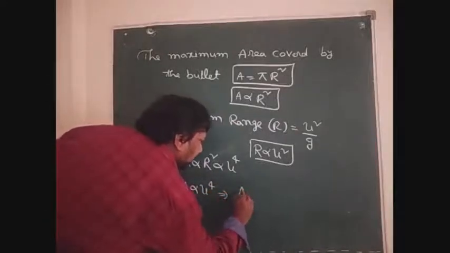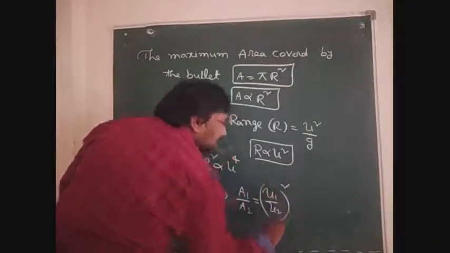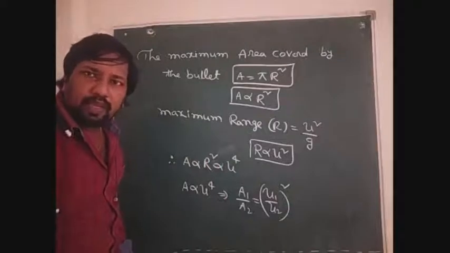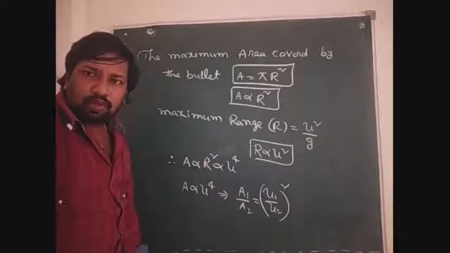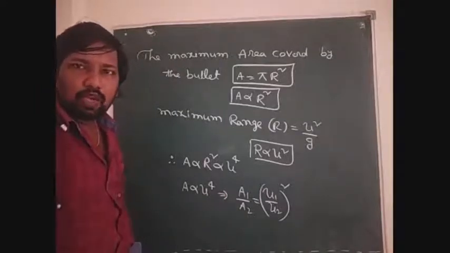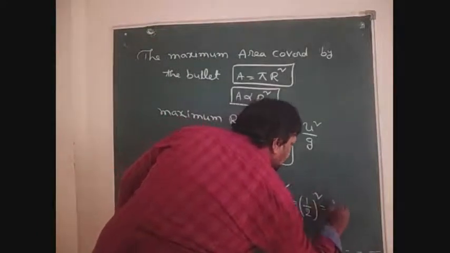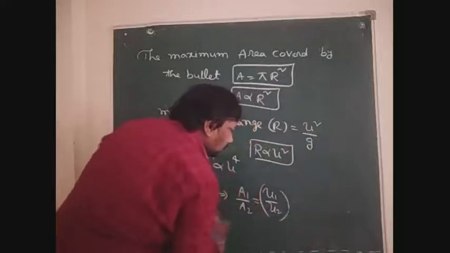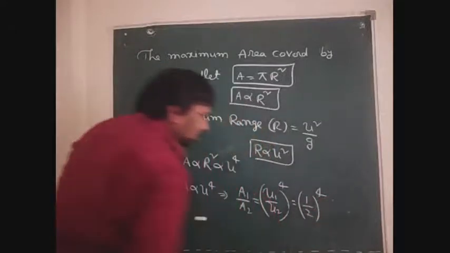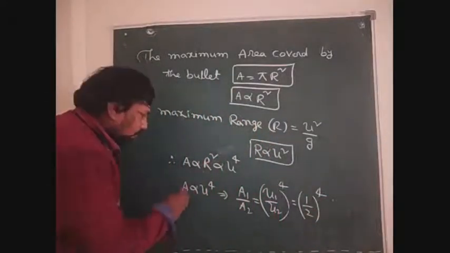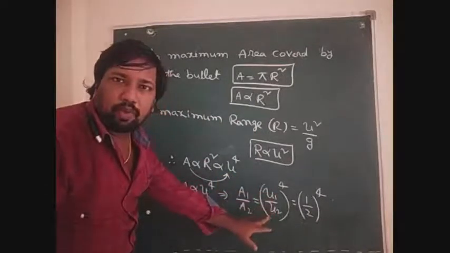So A1 by A2 equal to u1 by u2 whole power 4.